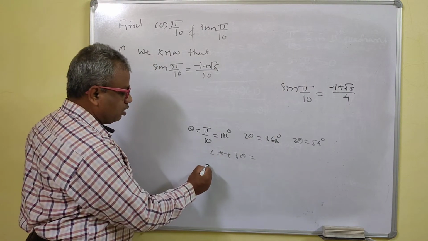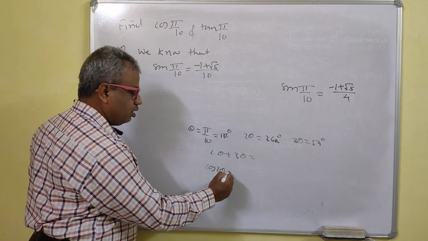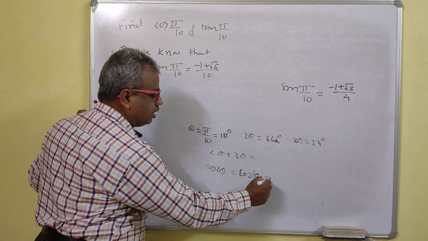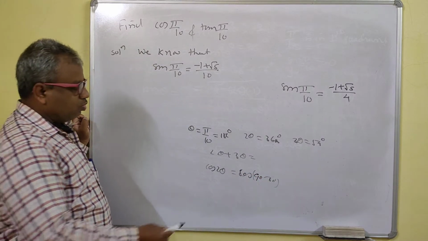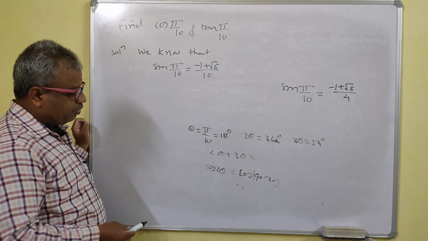So now here you have to write cos 2 theta is equal to cos of 90 minus 3 theta, right? Then cos of 90 minus theta is sin 3 theta. Write the formula for sin now here.